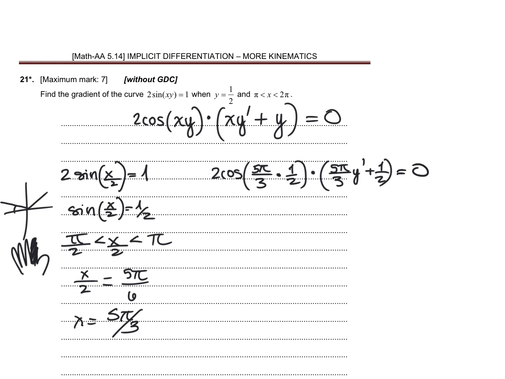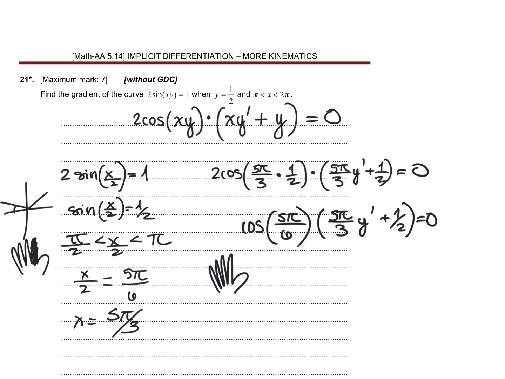So if I divide by 2, that goes away. And then we're going to have 5 pi over 6 here. And this bit. So cosine 5 pi over 6, that is going to be negative root 3 over 2. It doesn't really matter because we're going to divide it away anyways.